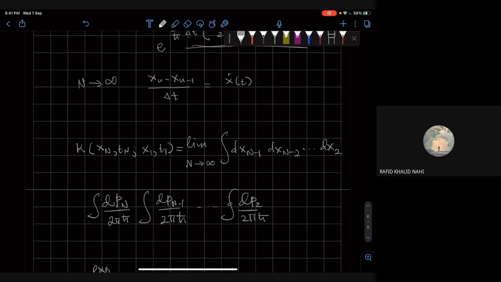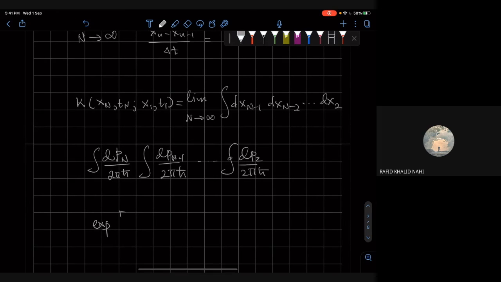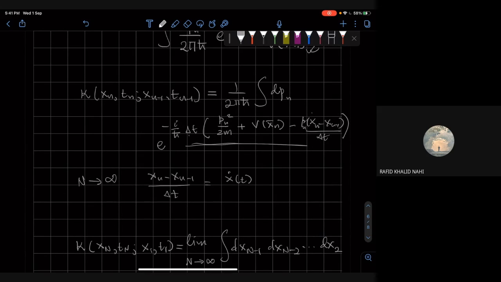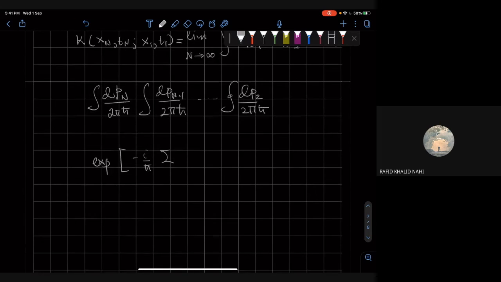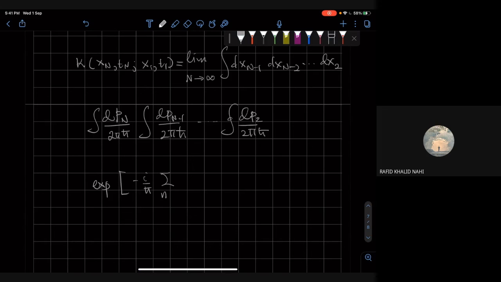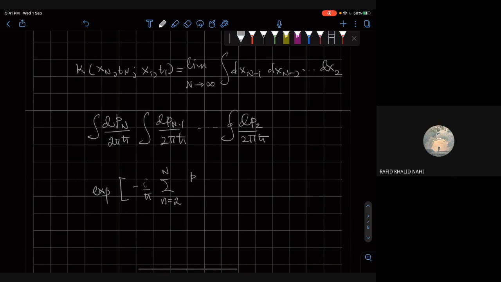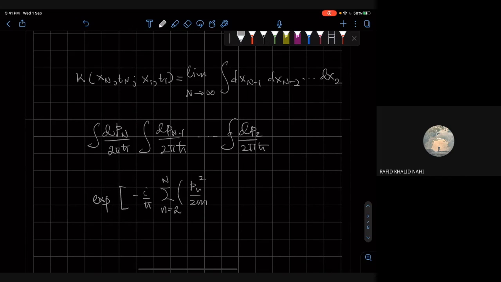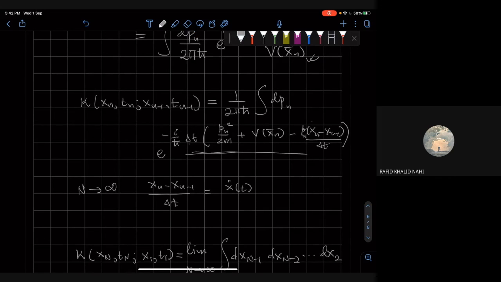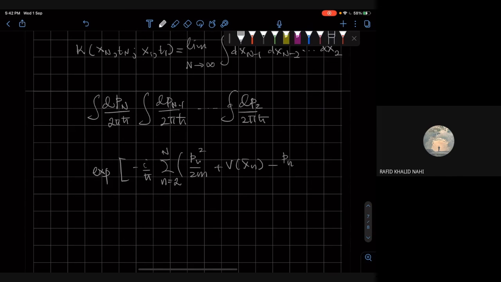And then what we have is the exponential, and in the exponential all these little terms add up, right? So we'll have minus i by h bar, there is a summation for small n going from 2 to big N, and then there will be, say, pn squared by 2m plus V of x bar n, minus pn times xn dot.